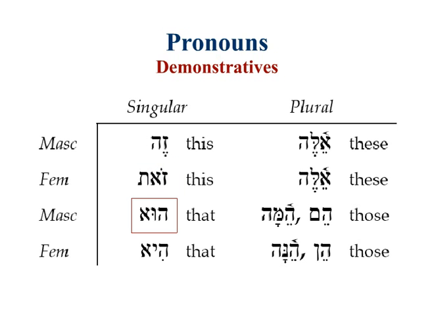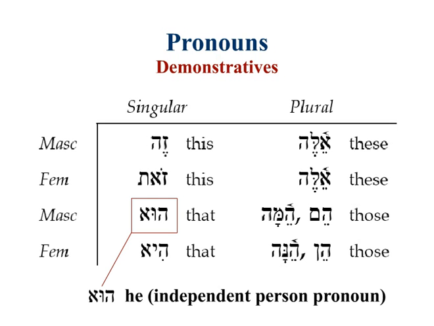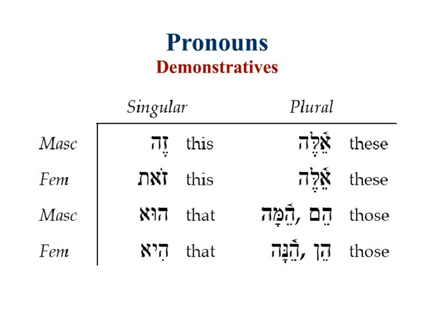Secondly, you will have observed that the Hebrew form hu, which translates that, is the same form as hu, which translates he as an independent personal pronoun. Similarly, the form he, which translates that, is the same form as he, which translates she as an independent personal pronoun.